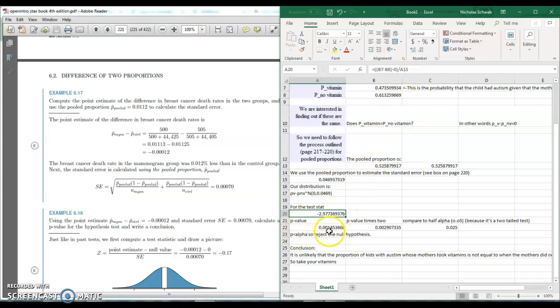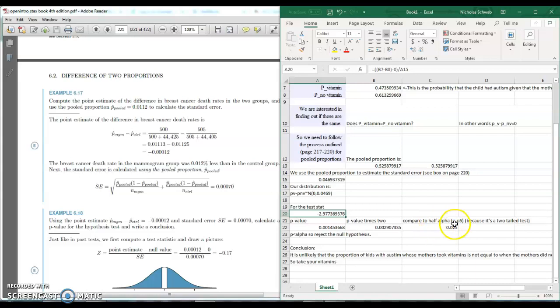This gives me this p-value, but this is a two-tailed test that we're doing, so we have to actually multiply this by 2. We have to now compare this number to our alpha, but it depends on how we want to think about this.